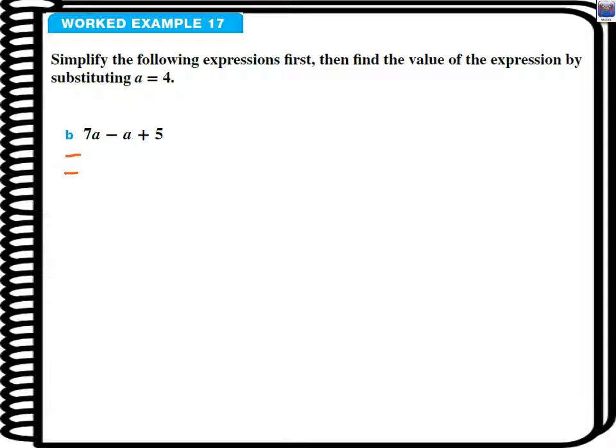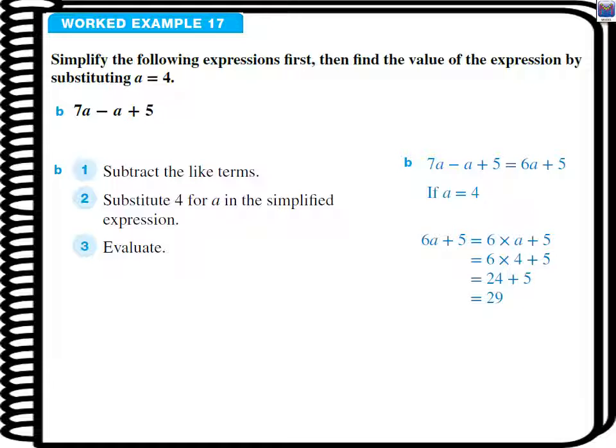Simplify it, 7a minus a, so I'm going to have 6a plus 5. I know a equals 4. 24 plus 5.